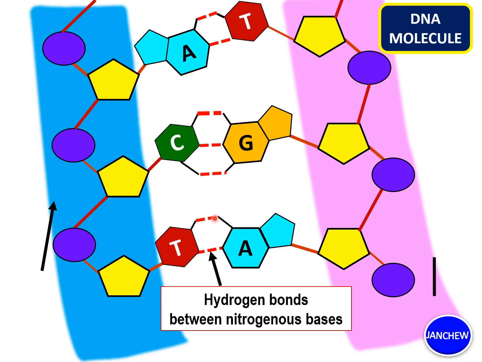Okay, so the red lines represent the hydrogen bonds. And that's all that you need to understand here. So if you see that there are 2 bonds between the bases, it must be adenine and thymine, this pair of bases. If there are 3 bonds, it must be the bond between guanine and cytosine.